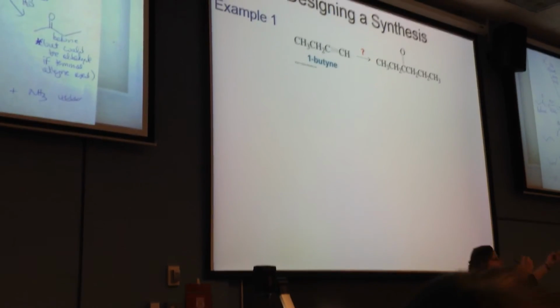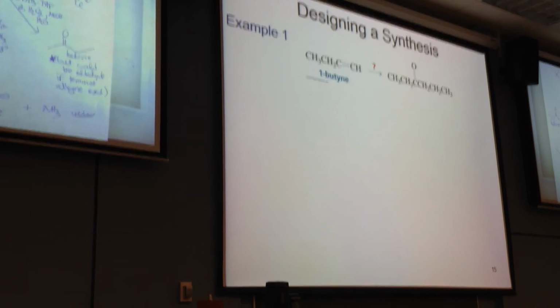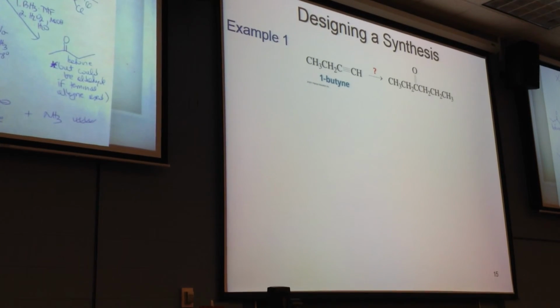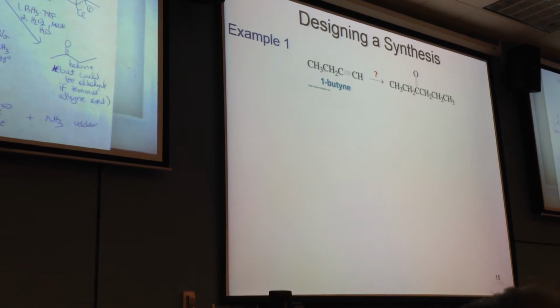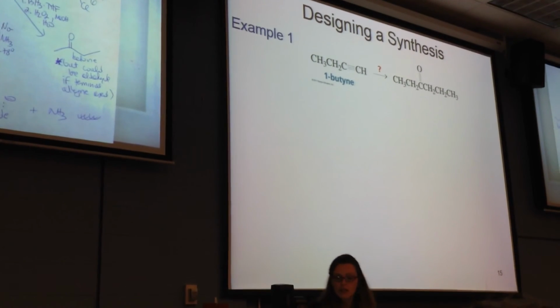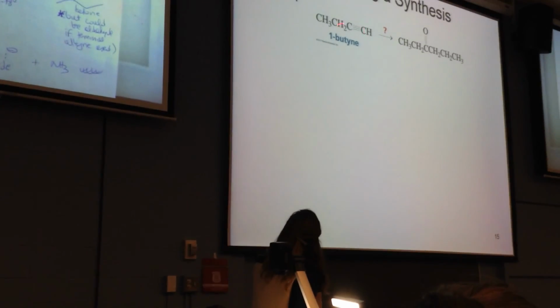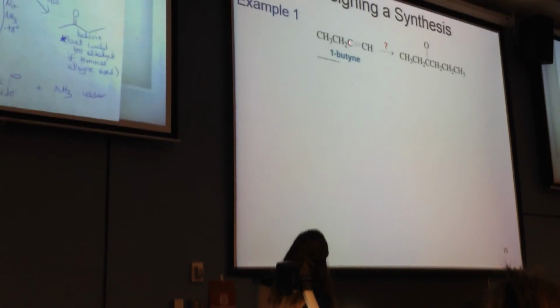So far what we looked at was starting material and product, what's the reagent? It was one step. BH3 was a two-step really, but it's still considered a one-step transformation. So here what we're asking is how do we make this product from this starting material?